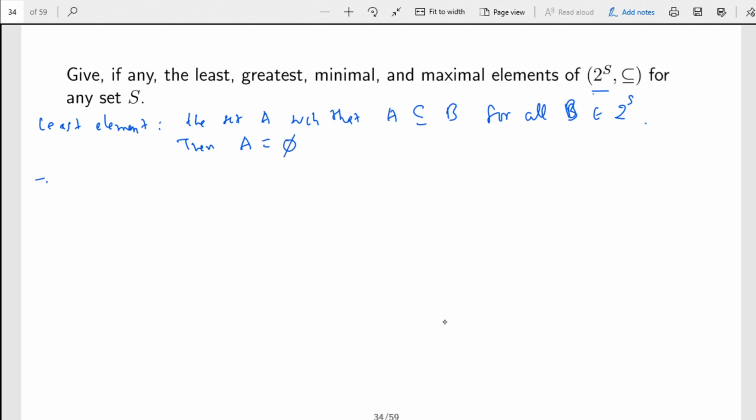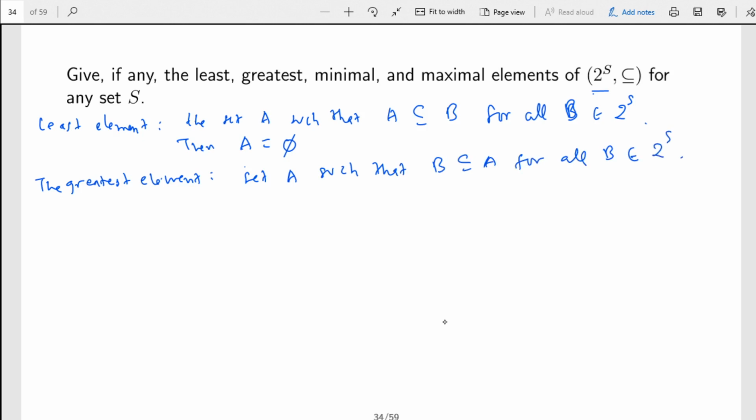How about the greatest element? Do we have a greatest element? Well, let's see. Is there a set A such that B is a subset of A for all sets B in the power set?